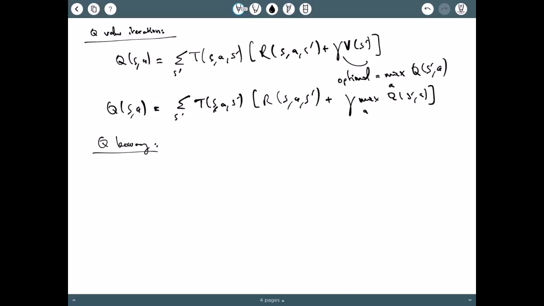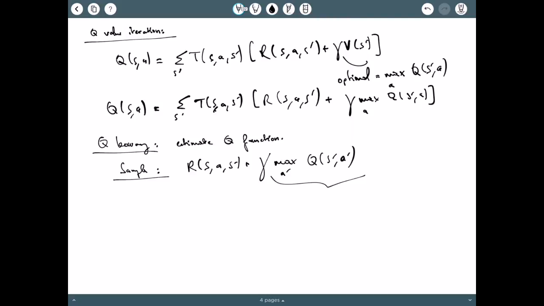Now we're going to compute this average, only what we're going to try to estimate is Q. Our sample is still what we had previously, in terms of reward, only we re-inject the Q functions.